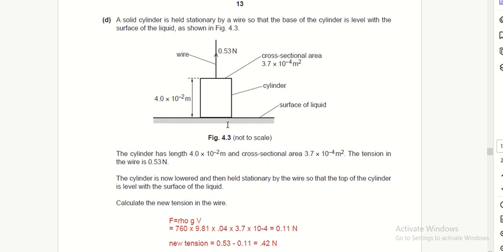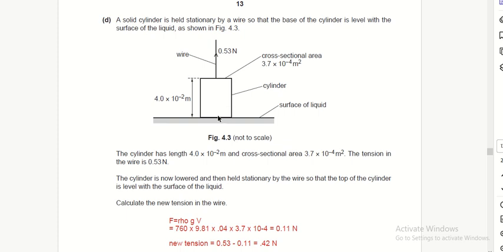So first we should know that when we make the cylinder touch the surface of the liquid, we will have a force that goes upwards, the upthrust force, and this will certainly go against the weight of the cylinder.